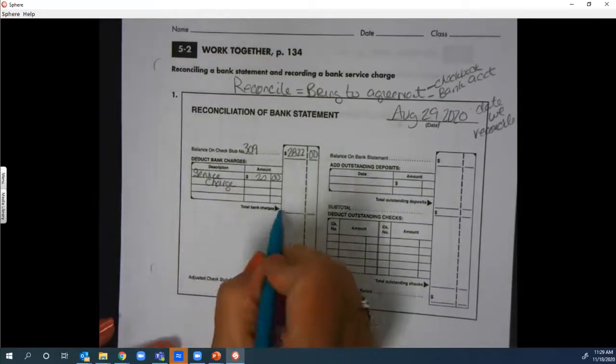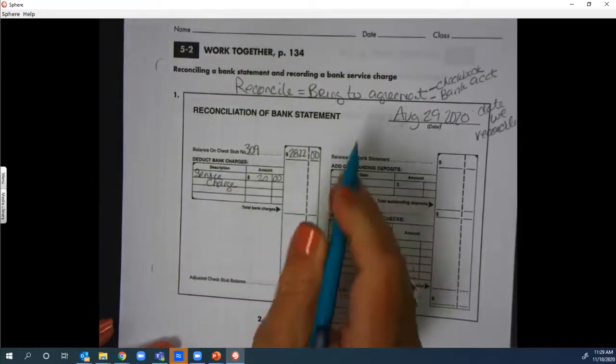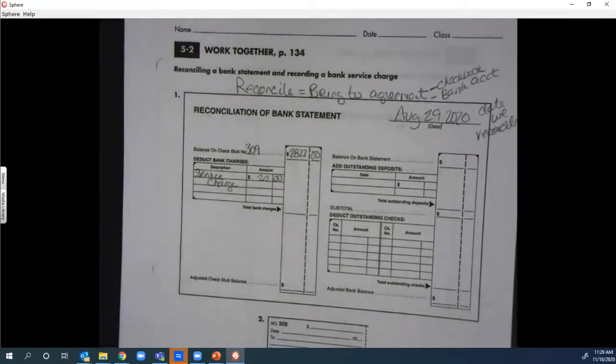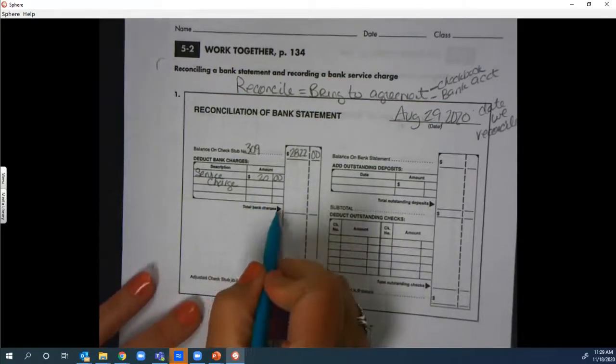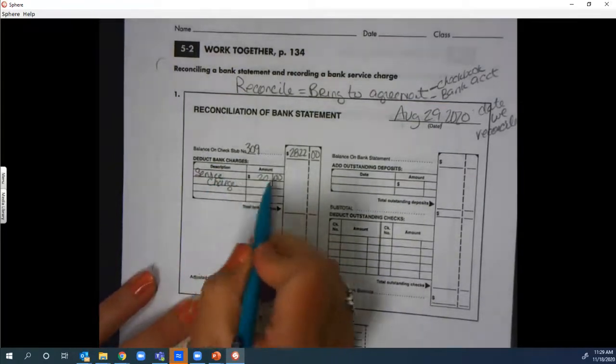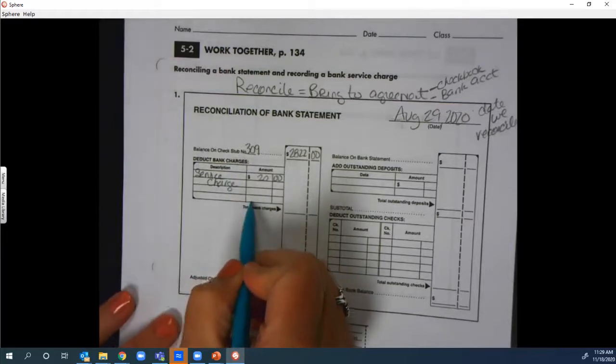And then it says total bank charges. So you just kind of have to, it's kind of like an IRS form. I don't know if you've done your taxes, but it kind of tells you exactly what's put where. So total bank charges. Well, that means you could have more than just one set of charges. Sometimes you may have withdrawal charges or credit card fees or something like that.